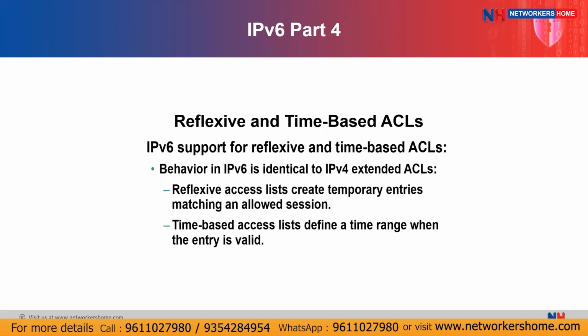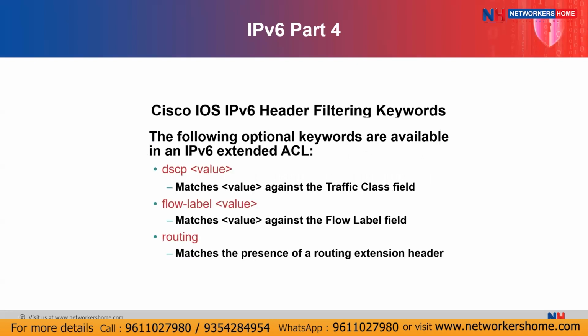And reflexive and time-based ACLs: IPv6 supports reflexive and time-based ACLs. Behavior in IPv6 is identical to IPv4 extended ACLs. Reflexive access lists create temporary entries matching an allowed session. Time-based access lists define a time range when an entry is valid.